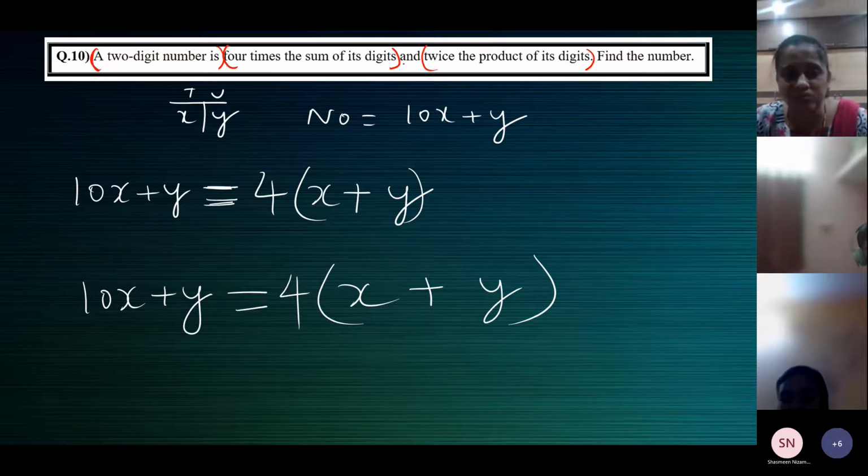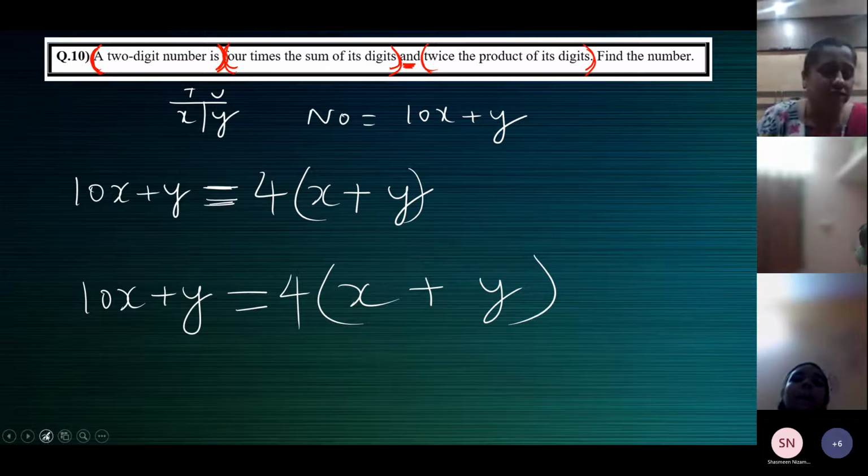That is what is given using the word "and": the same two-digit number is twice the product of its digits. Reading it again, a two-digit number is 4 times the sum of its digits is the first information. The second one is a two-digit number is twice the product of its digits.